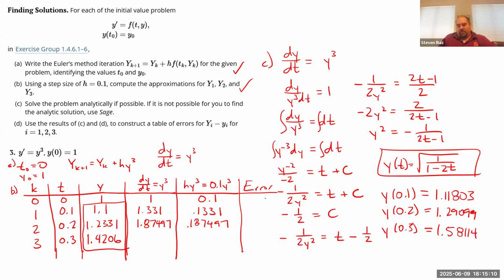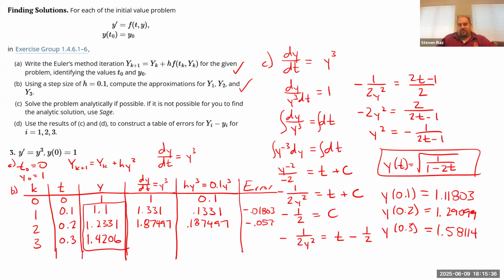So 1.1 minus 1.11803, negative 0.01803, 1.2331 minus 1.29099. So they get more significant as you go.